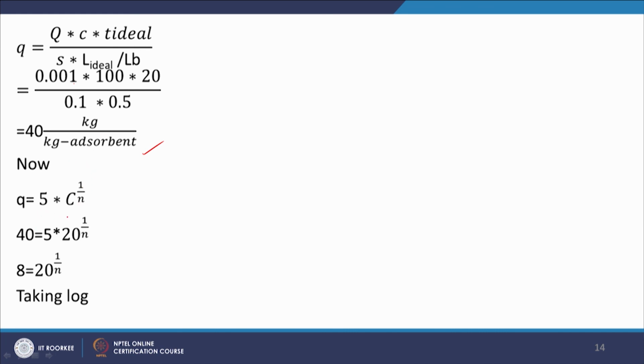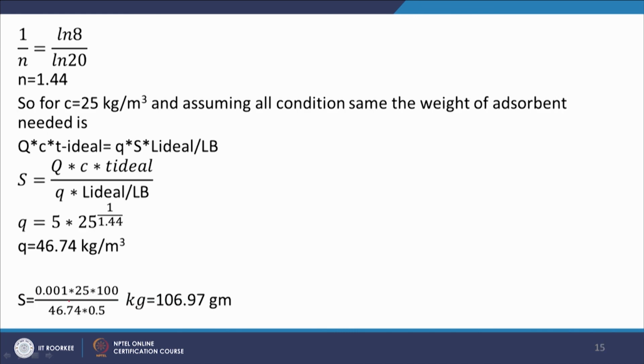Now we calculate the value of n. So 40 equal to 5 into 20 to the power 1 by n, or 8 equal to 20 to the power 1 by n. Then we take the log: log 8 equal to 1 by n into log 20. So 1 by n is equal to log 8 by log 20, and n is equal to 1.44.